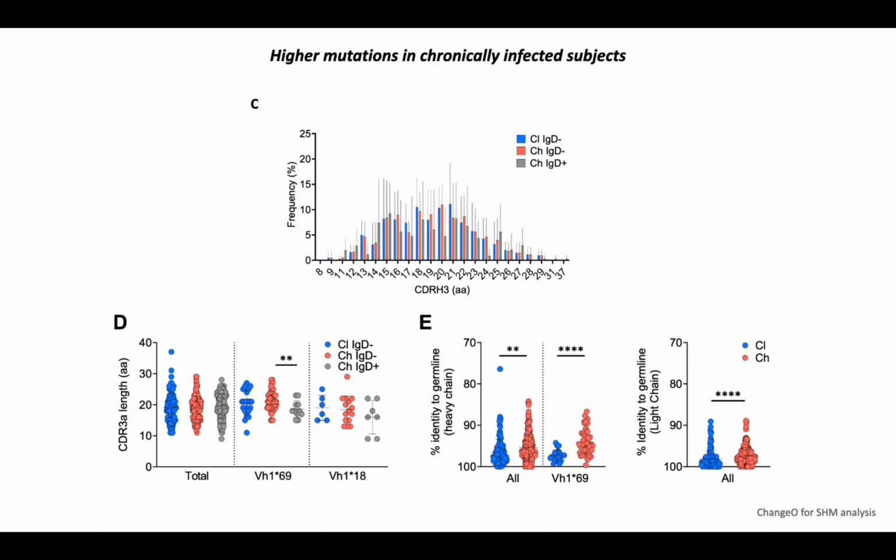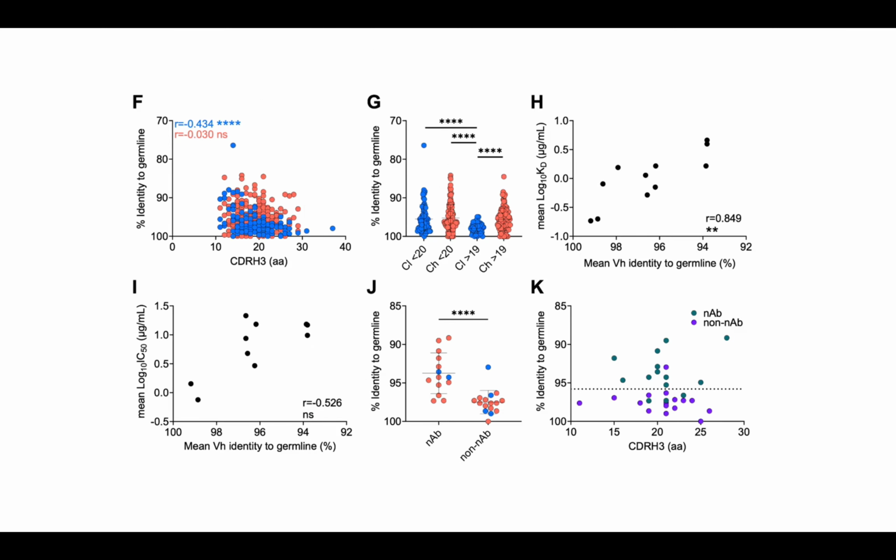And this might be due to the persistence of these memory B cells in the circulating system of the body, and when these memory B cells are evolving, they might be staying in the germline center for a long time and undergoing continuous somatic hypermutation.